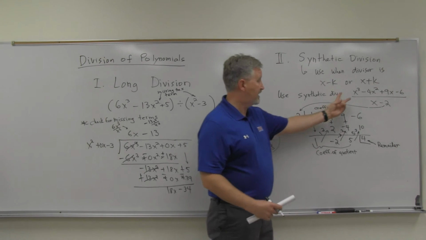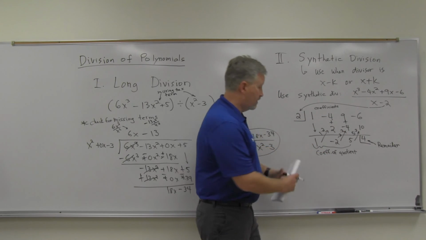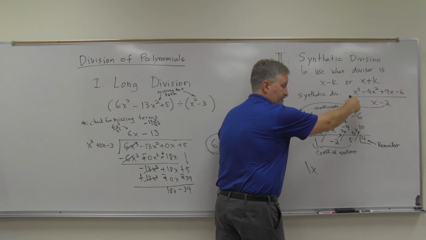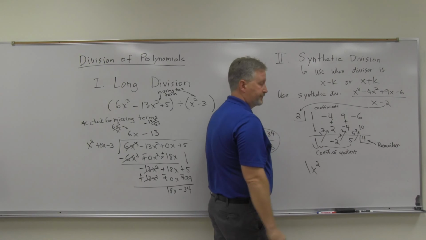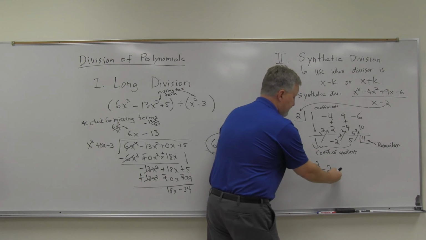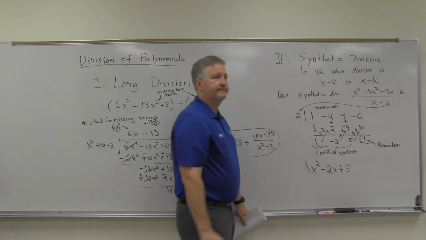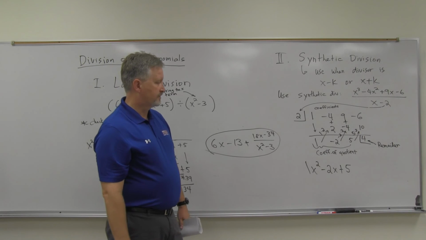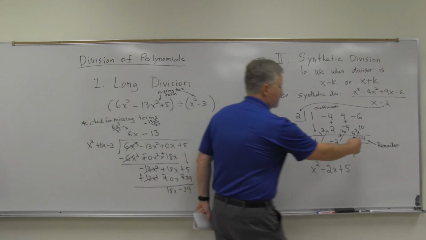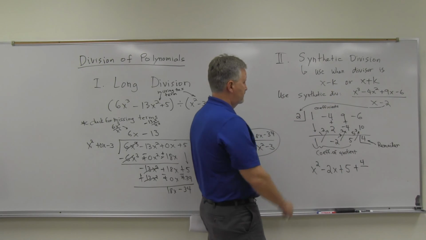So it starts with 1x squared. Then it's -2x, and then the +5 is just the constant. That's my quotient, and you don't have to write that 1. Now the remainder is 4, so I would write +4 over x minus 2.